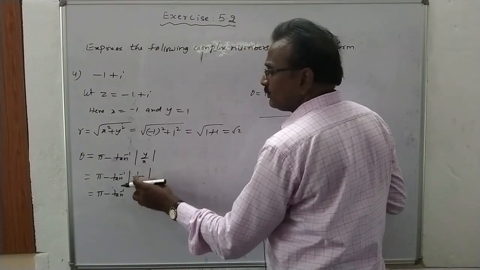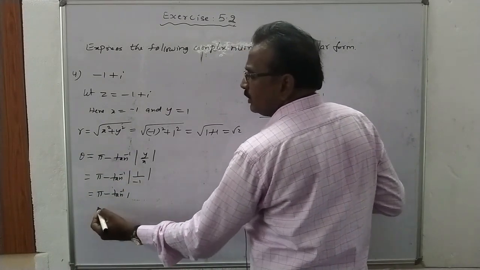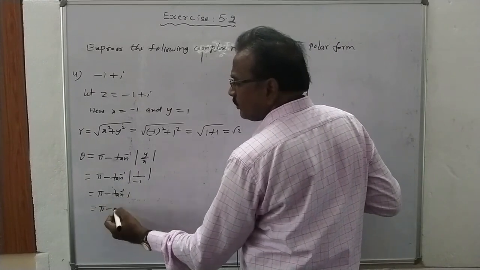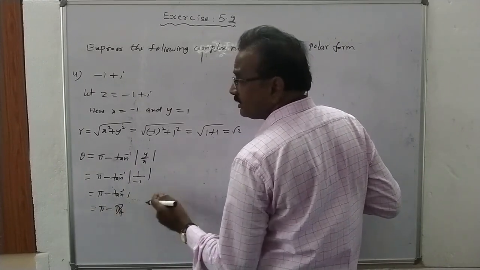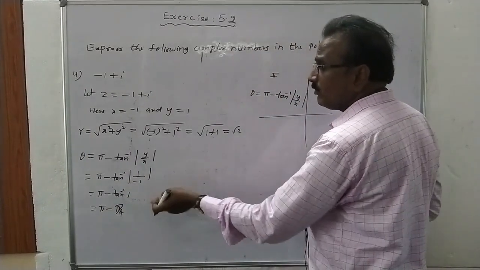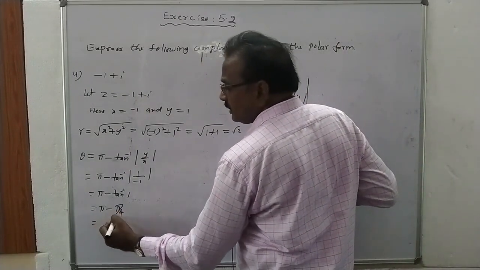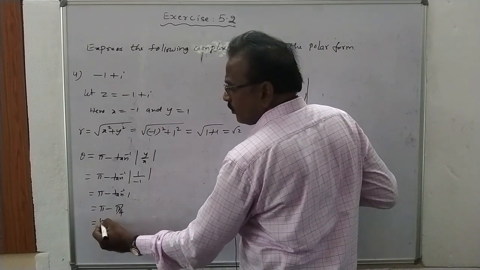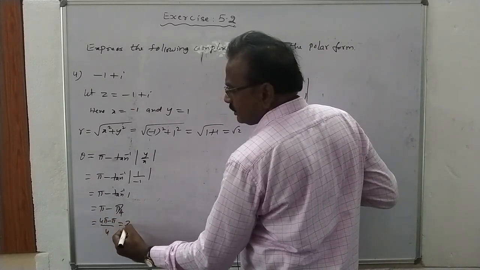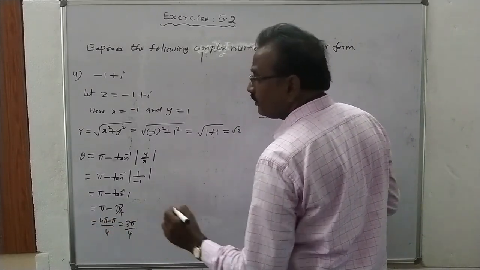The tan inverse of 1 is pi by 4, because tan pi by 4, that is tan 45 degrees, is 1. Taking the LCM, 4 pi minus pi, that is 3 pi by 4, is the theta value.